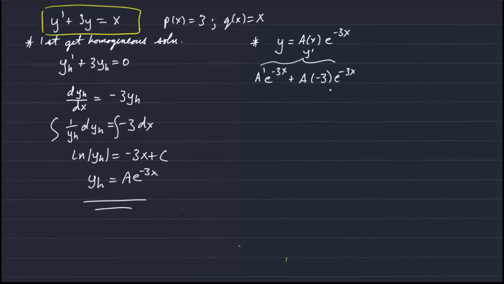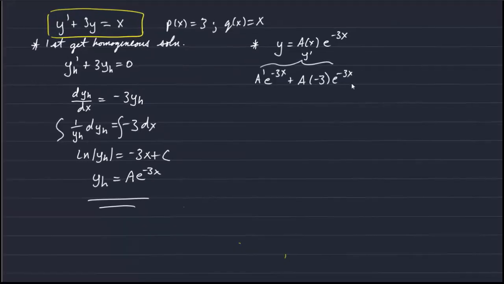And then we add to that 3y and equate that with the right-hand side, which is equal to x. Let me write out y here. So y again was a e to the minus 3x, and the right-hand side was just x.